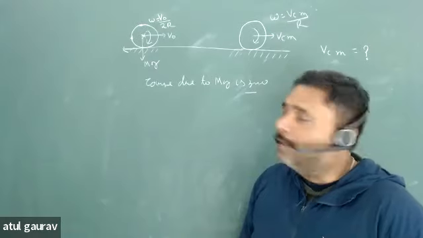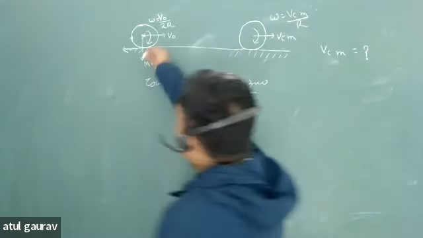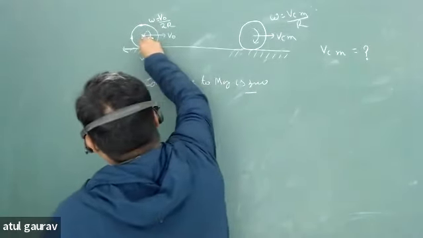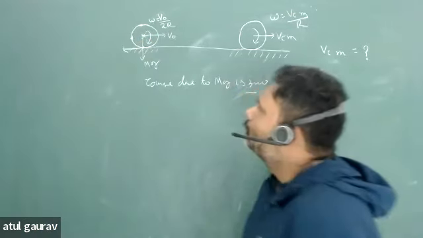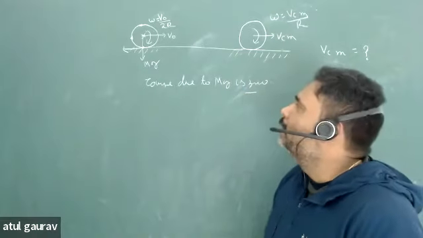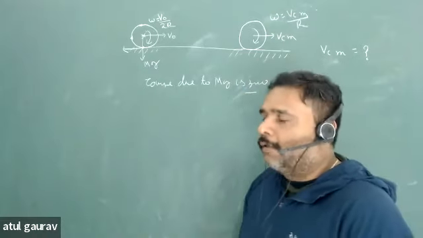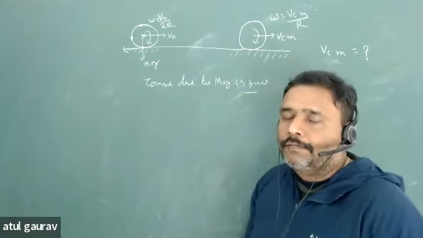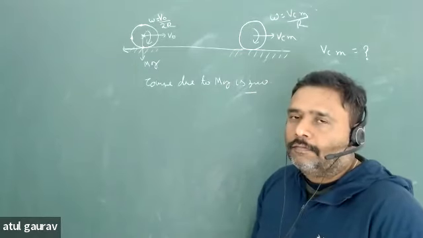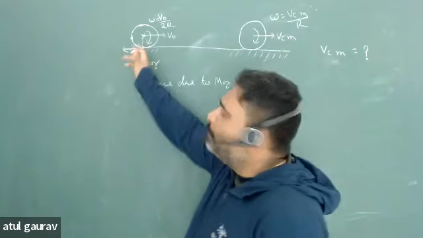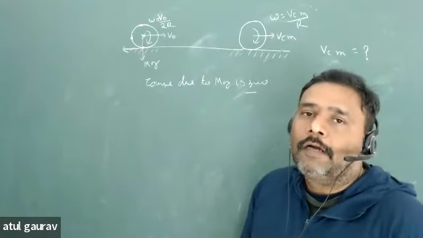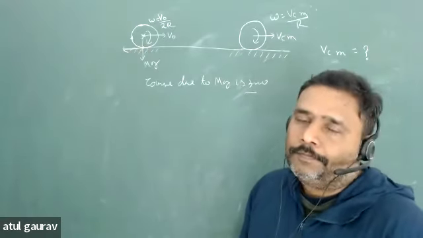Yes, sir. Now, if you are going to see this particular point, what will be your torque? Point of contact के about torque क्या होगा? जरा देखो तो। 0. So, you have 0 torque about point of contact.